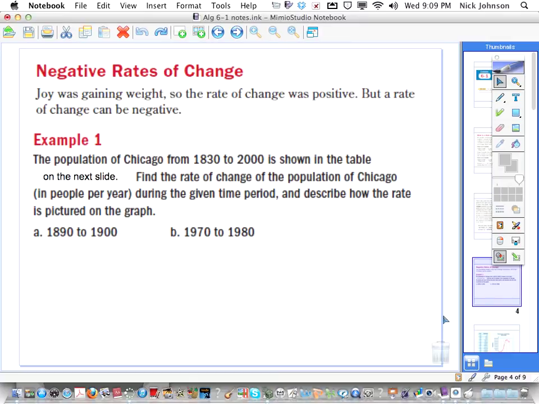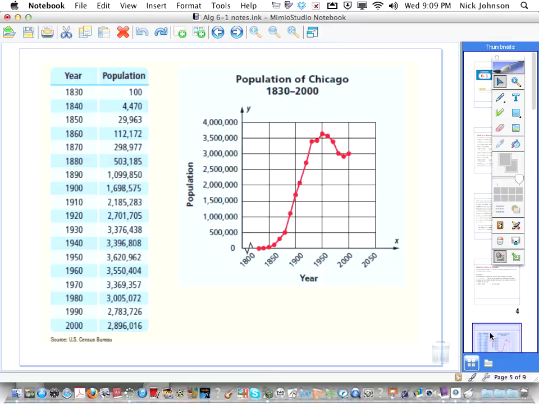Looking at the next question here, 1970 to 1980. So we're going to check that time slot. Once again, I'm going to write down those 2 points. 1970, comma 3,369,357.